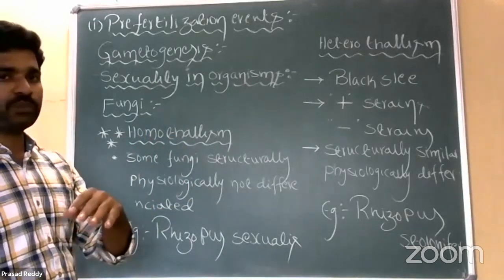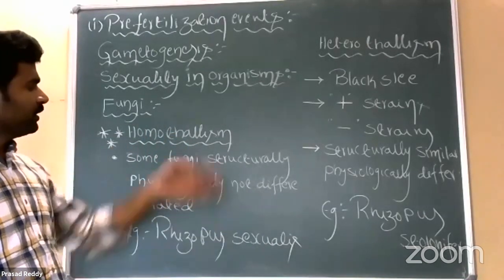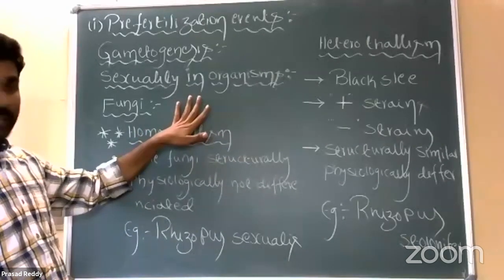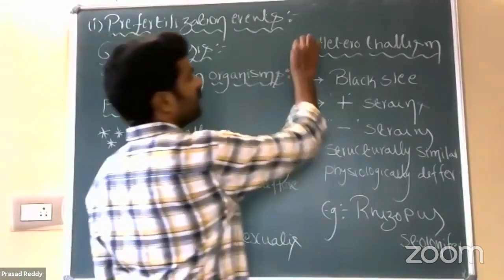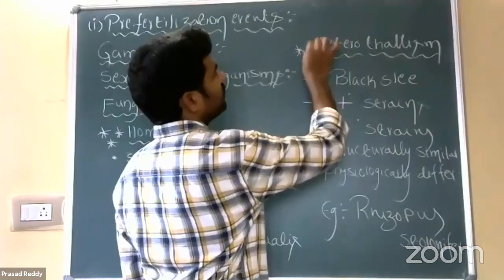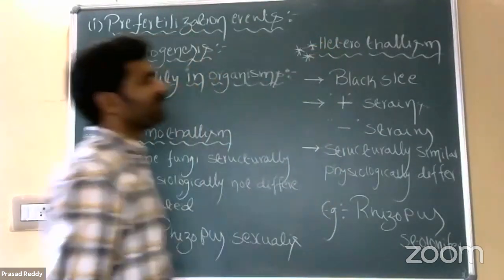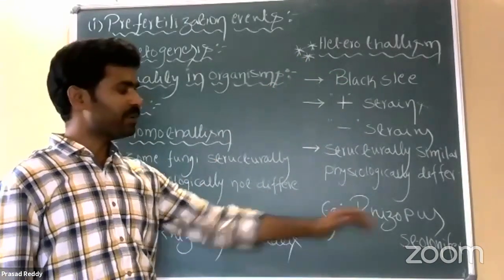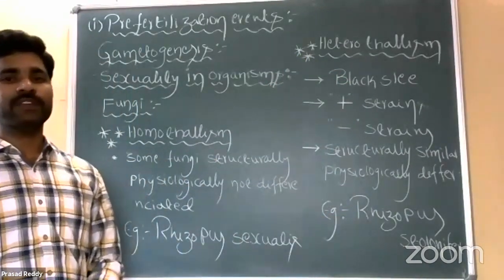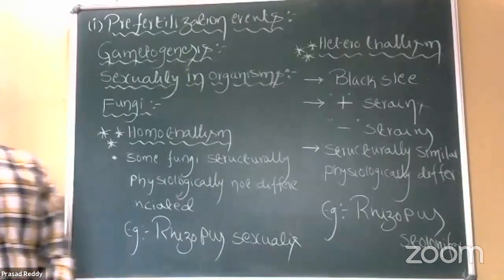We can't differentiate what is plus strain and what is minus strain. Those organisms are called homothallic organisms, Rhizopus sexualis. In heterothallism, fungal members are structurally similar but physiologically they differ, like plus strain and minus strain. Example, Rhizopus stolonifer.